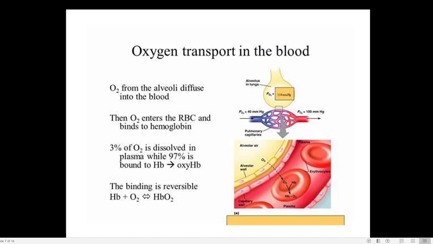Then here also you can see that 3% of oxygen is dissolved in plasma, while 97% is bound to hemoglobin, 97 or 98. So nearly 2% of the oxygen is dissolved in the plasma.